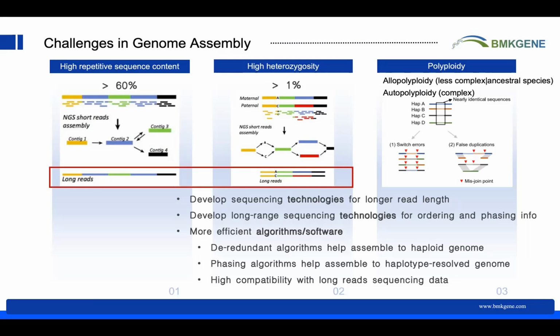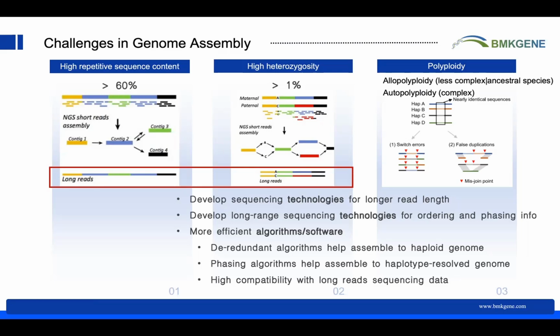Also, this technology can give us phasing information when we do haplotype-resolved genome assembly. And for polyploid species, if it's an allopolyploid species, it is less complex because we can get the different genotypes from the reference of the parental genome sequence.